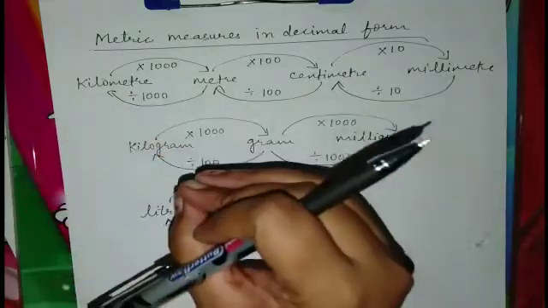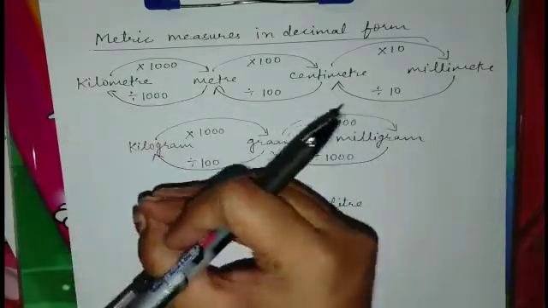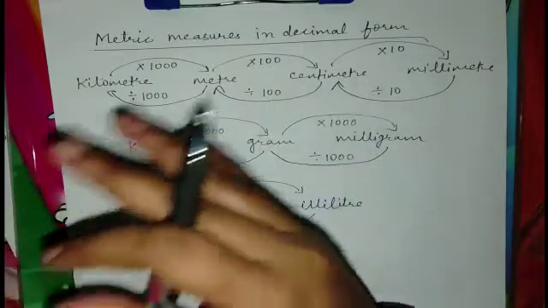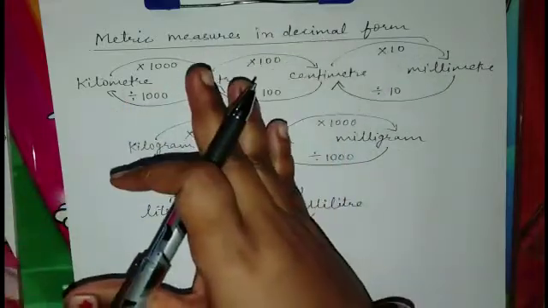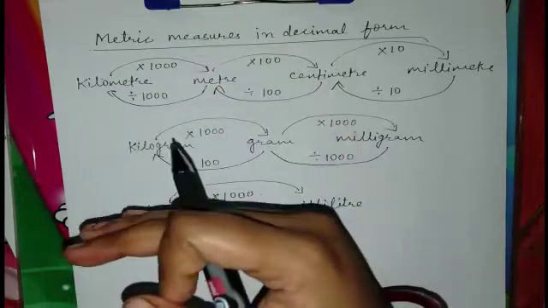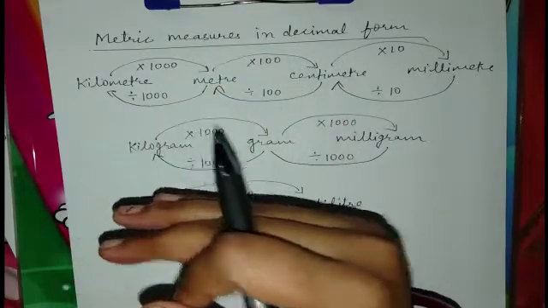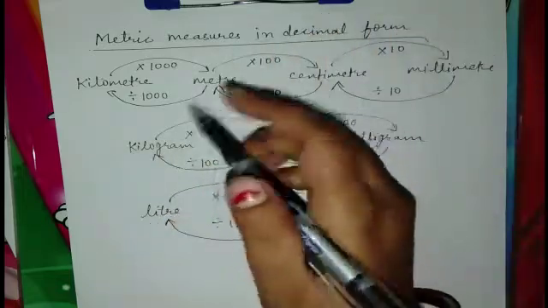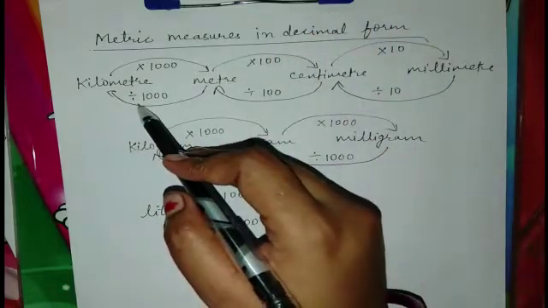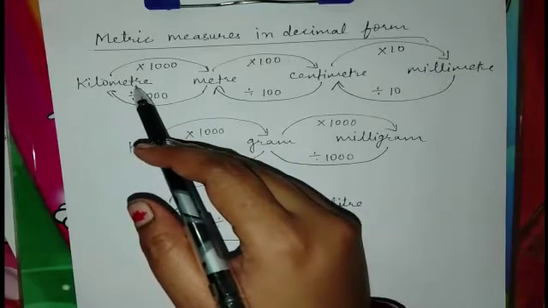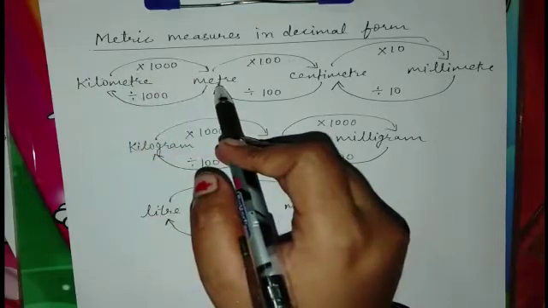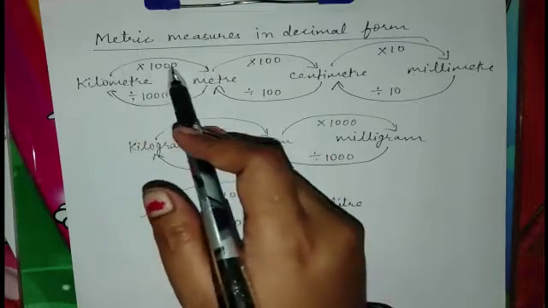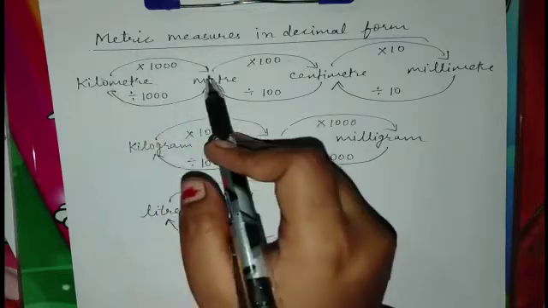First thing you have to remember, whenever we go up to down, means higher to lower, we have to do multiplication. And when we go down to up, lower to higher, we do the division. So kilometer is a higher quantity and meter is lower. When we go higher to lower, we multiply by 1000, kilometer to meter.